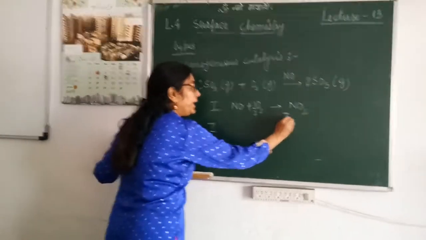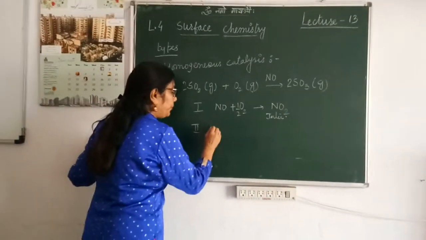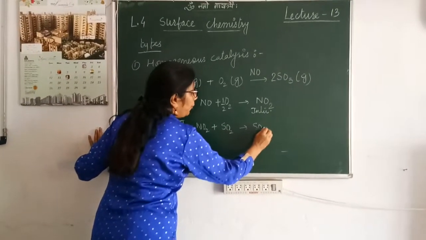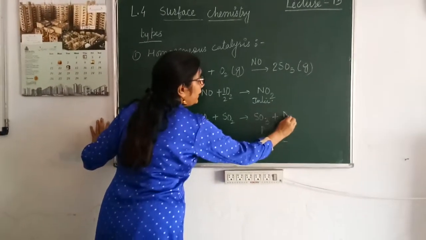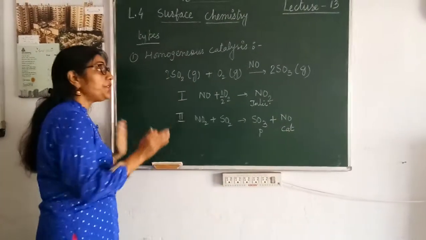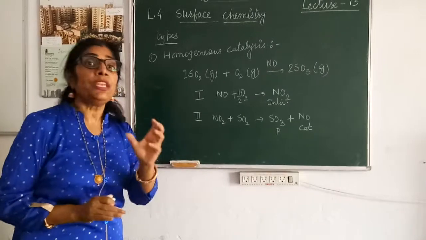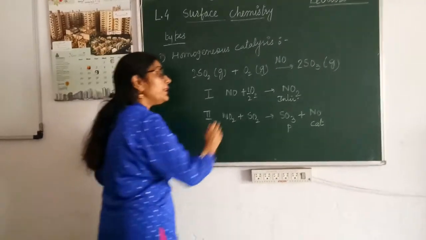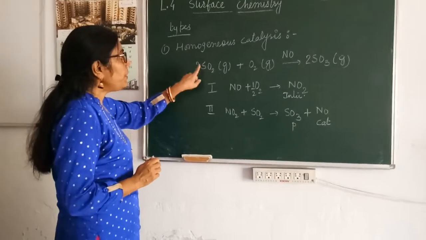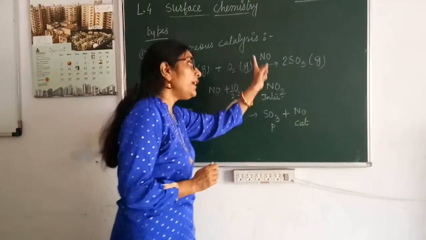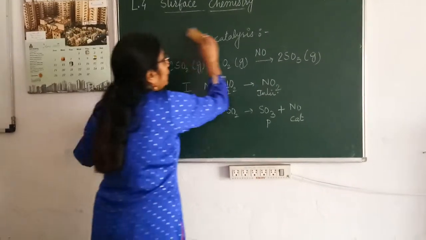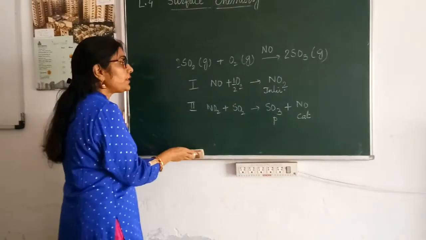This intermediate in step 2 combines with another reactant and the product is formed and the catalyst is regenerated. As you all know, catalyst is never used up in any chemical reaction and rather it is regenerated at the end of the reaction. So when the reactants, products and the catalyst all are in the same phase, then the reaction is said to be under homogeneous catalysis.